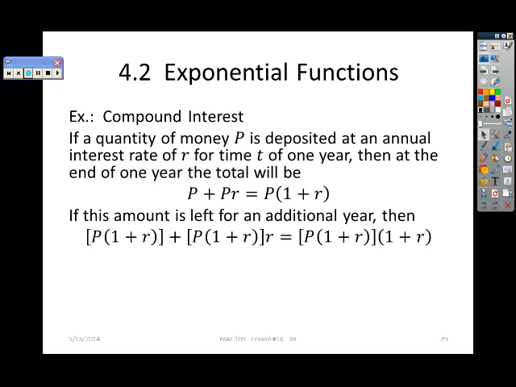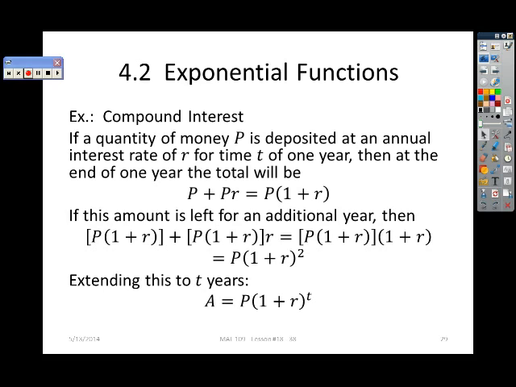So I'm going to have P times 1 plus R. That's where the second year begins. At the end of the second year, I've added this much to it, which is just P times 1 plus R squared. And you can continue that for as many years as you want.